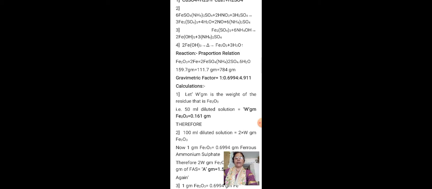Now the calculation, let us see, it's very simple. First of all, W gram is the weight of the residue, that is 0.161 gram, for the 50 ml diluted solution we have taken. For the 100 ml diluted solution, it comes to 2 into W gram.